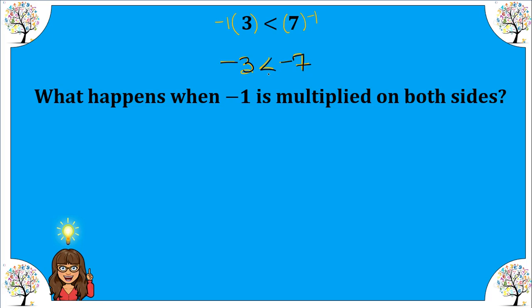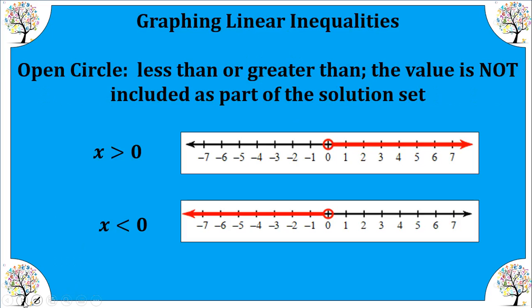And we know that is not true. So how can we make this statement true? Well, we can reverse the inequality, and it's going to read -3 is greater than -7. Now, this is true. So this is why we must always reverse our inequality symbol when multiplying by a negative value or dividing by a negative value.